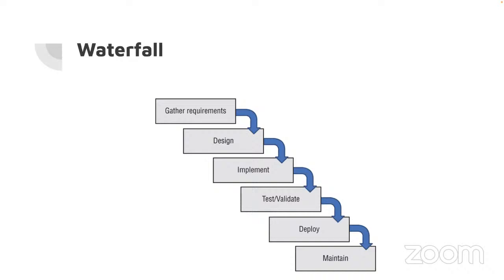Phases don't overlap, and each logically leads to the next. Waterfall has been replaced in many organizations because it's seen as relatively inflexible. It is a fixed, well-known model, but it's not quite the one that's used.